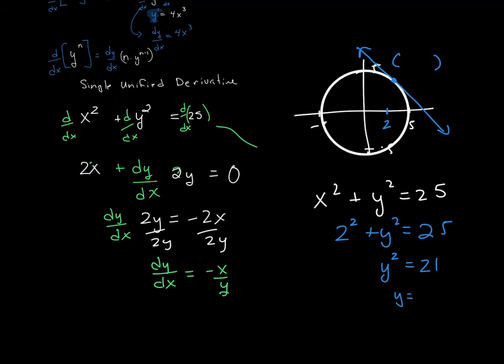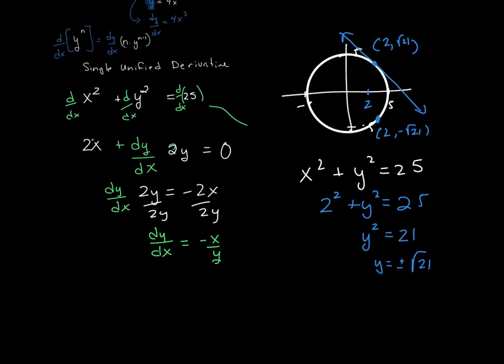So y is equal to technically plus or minus the square root of 21. That gives us a point here at 2, square root of 21, and also down here at 2, negative the square root of 21. But I'm interested in finding the equation of this line at that point, the positive one in the first quadrant for this question.